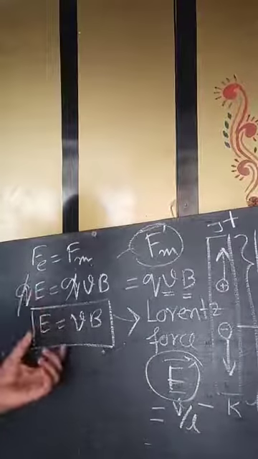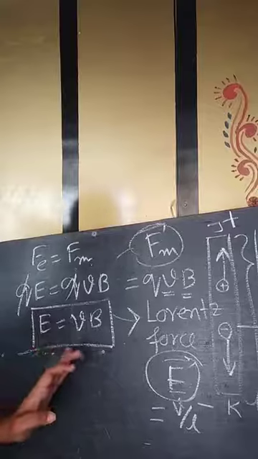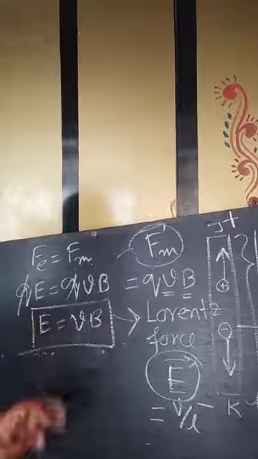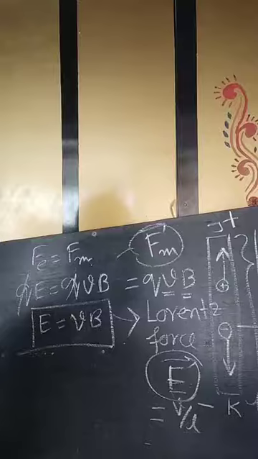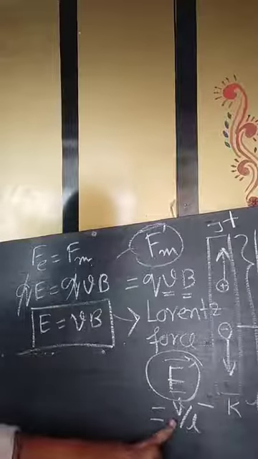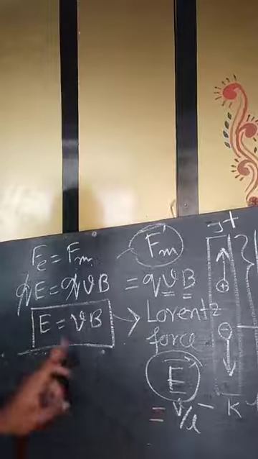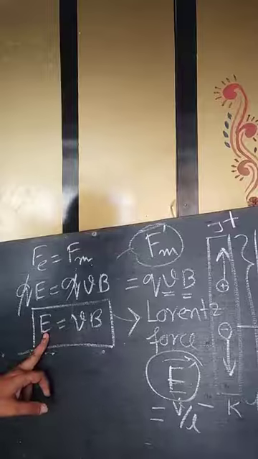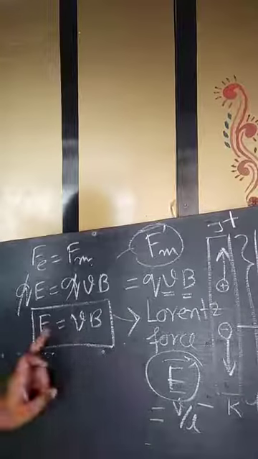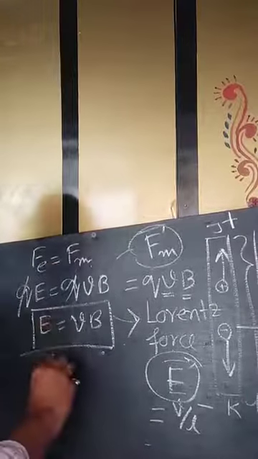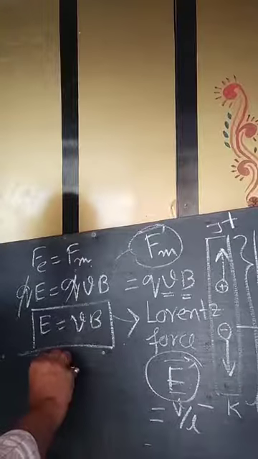So if we compare the equations, this one, E equals V by L, and here also we are getting E equals vB. If we compare these two equations, what are we getting?